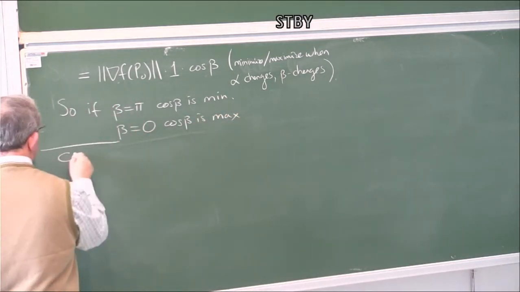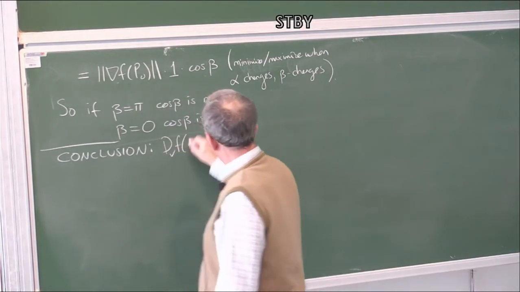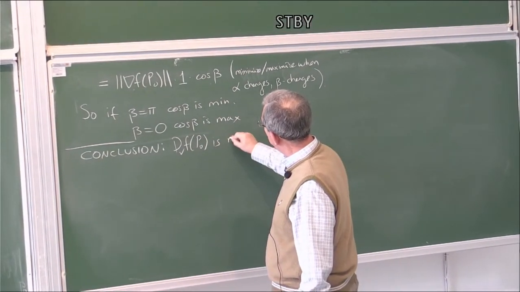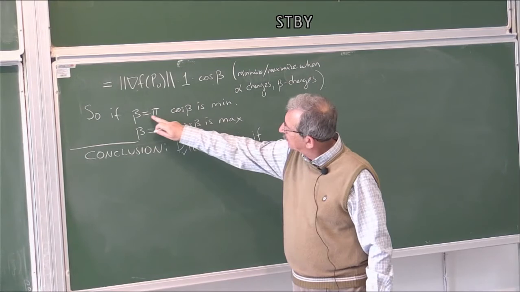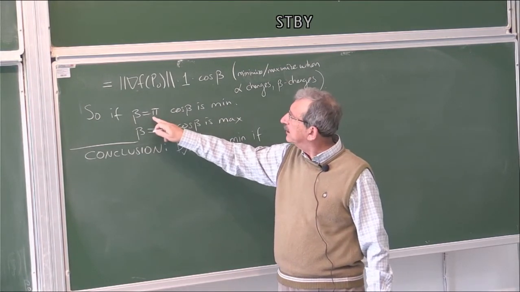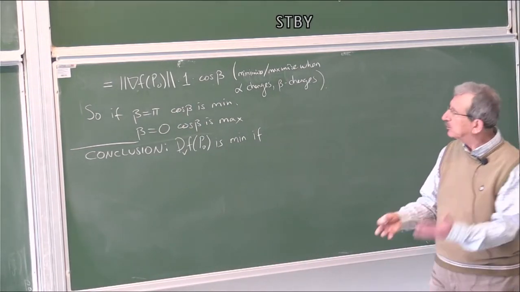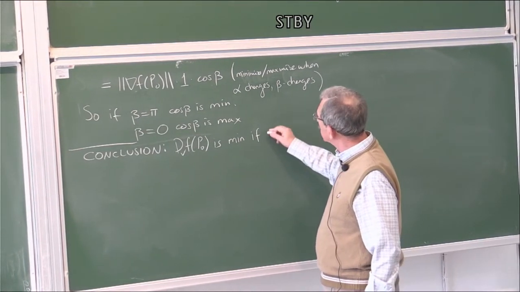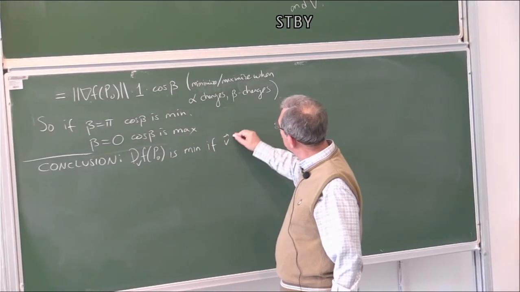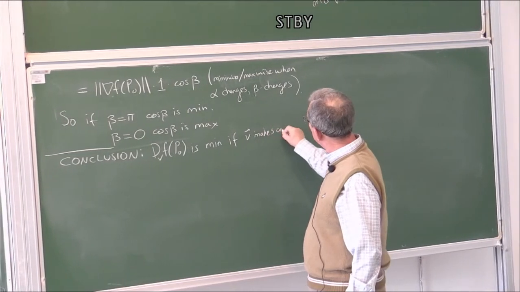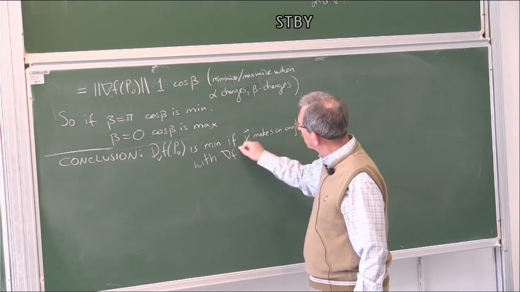Okay, so conclusion. dvf at p0 is minimum if v makes an angle pi with the gradient f at p0.